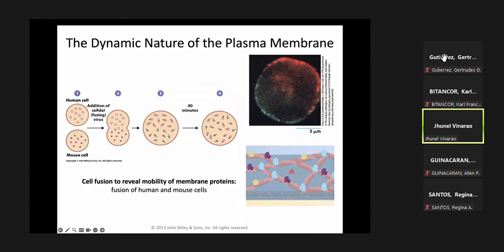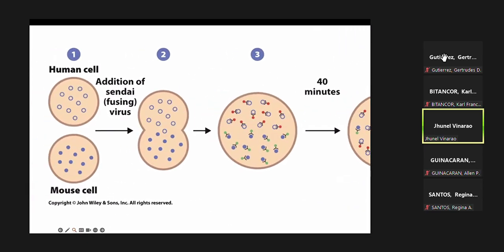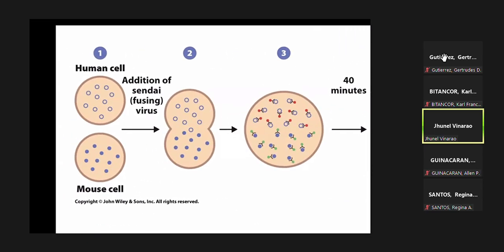Okay, this would only show you diffusion. This is how they show diffusion of proteins embedded in the cell membrane. So what they did was they fused the human cell and the mouse cell using the addition of Sendai, or the fusing virus.